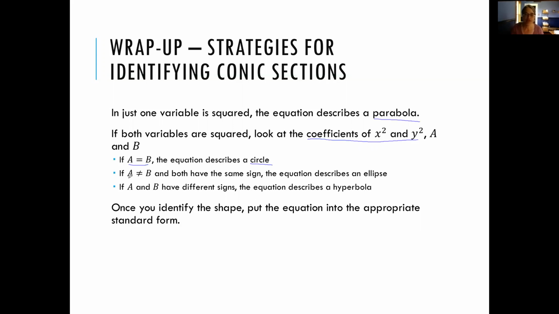If those two coefficients are unequal, but they both have the same sign, you have an ellipse. If those coefficients are unequal and have different signs, your equation will describe a hyperbola. Once you identify the shape, put the equation into the appropriate standard form, and bing, bang, boom, all this information will fall out in your lap.